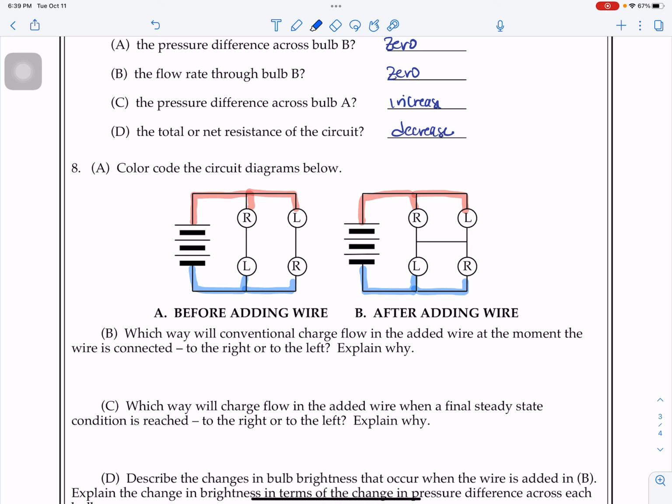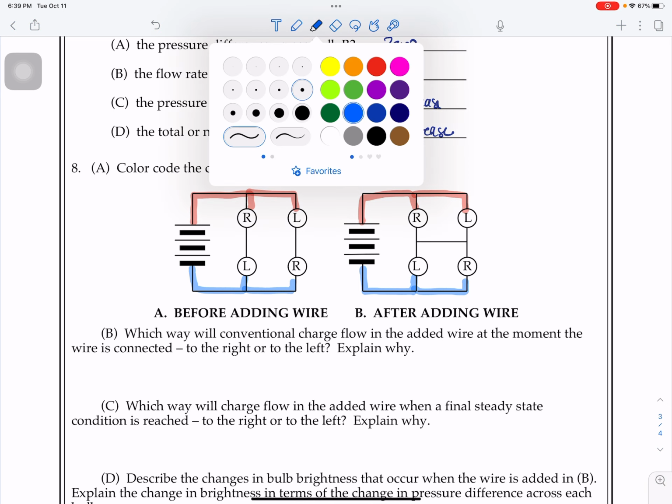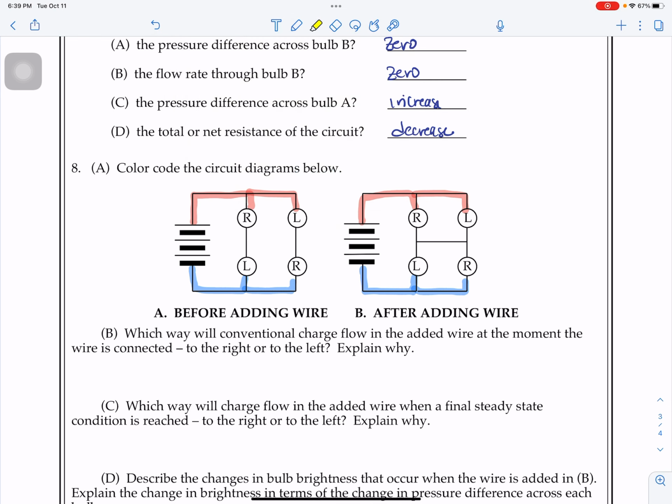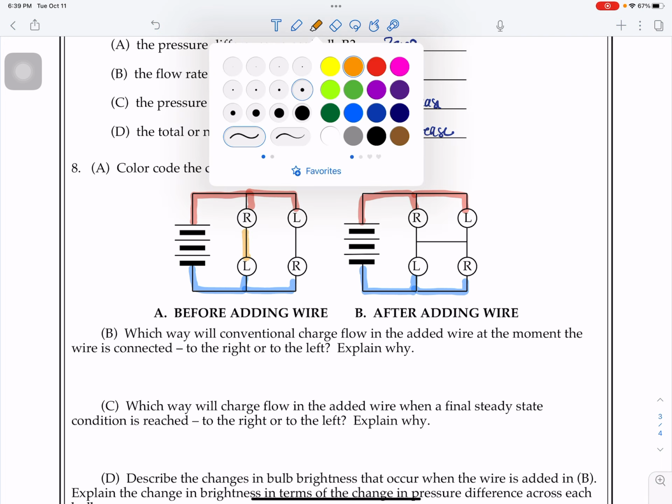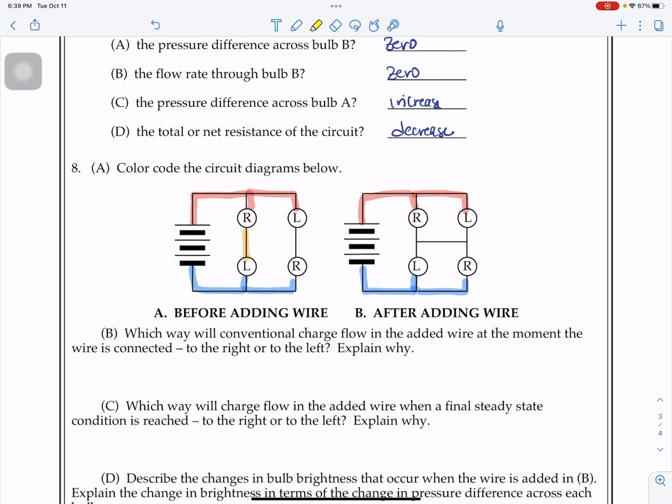Okay, so I think that this wire is going to be orange, and this wire is going to be green.